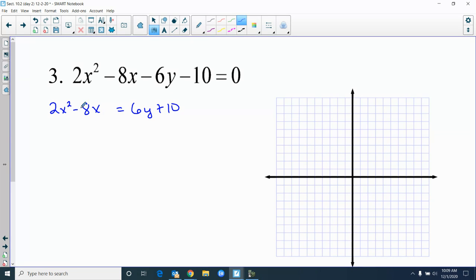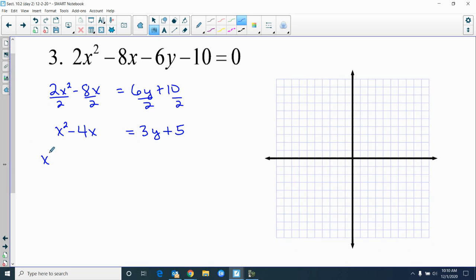Well, since I'm working on both sides of the equation, what I can do is I can divide everything by 2. And so that gives me x squared minus 4x equals 3y plus 5.